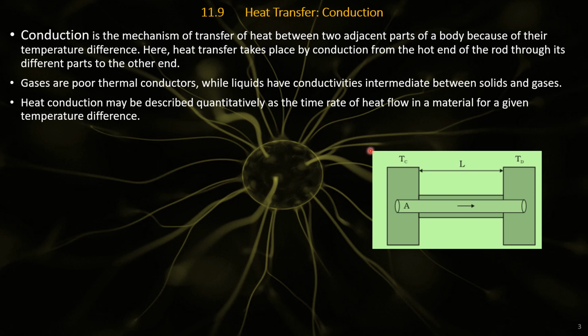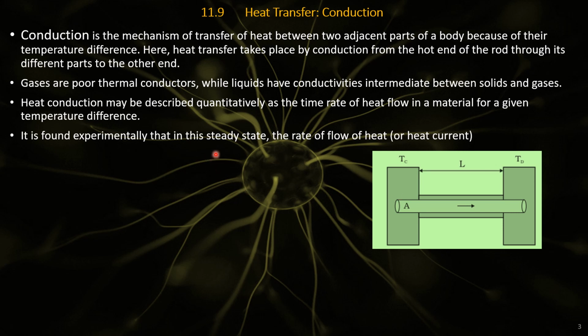The figure shows the steady state of heat flow by conduction in a bar with its two ends maintained at temperatures Tc and Td. See, this is a bar through which conduction takes place, and this end is maintained at temperature Tc, and the other end is at the temperature Td. So here Tc is greater than Td, that is, the temperature at the end C is more than the temperature at D, that is, Td is cooler.